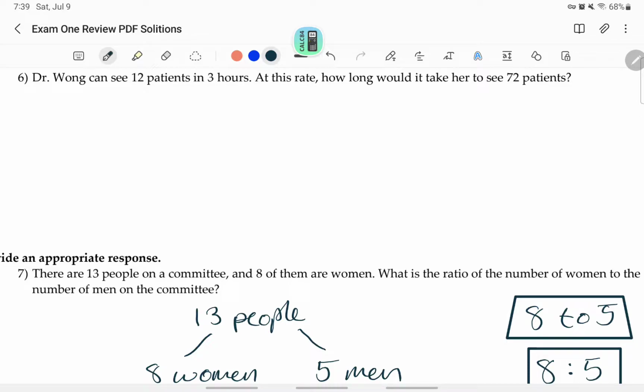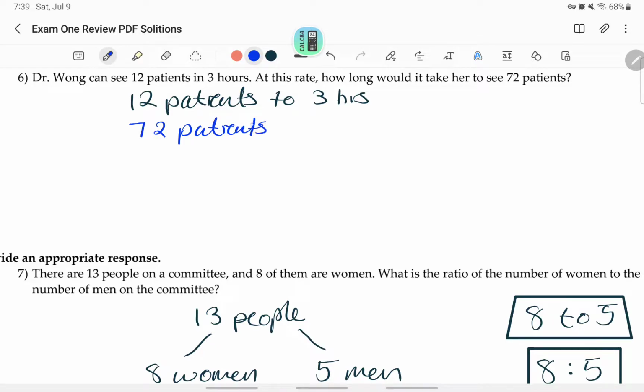Let's set this up as a ratio. 12 patients to 3 hours. It says at this rate. That means the rate is the same. How long would it take her to see 72 patients? So to see 72 patients, we're going to compare that to x number of hours.